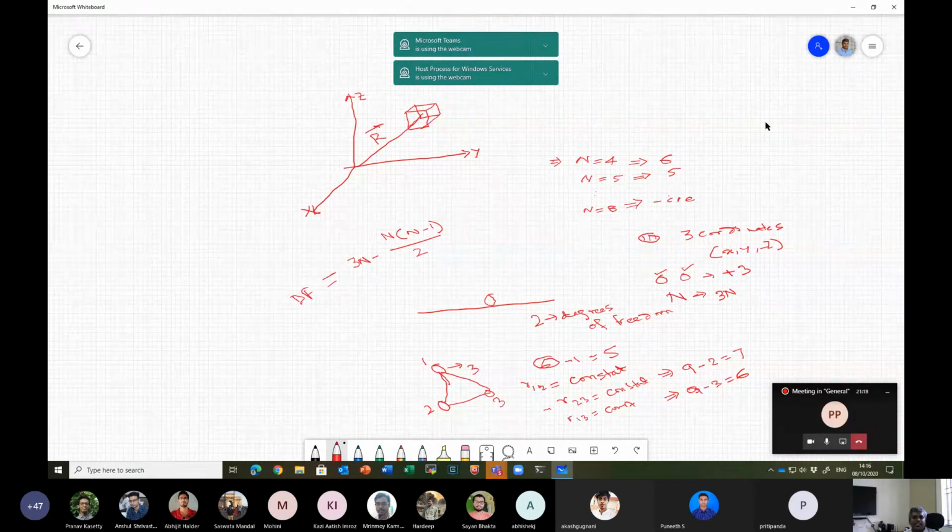Now if you imagine this body is rotating with respect to some axis, say if you draw a z axis somewhere here, then the body is also rotating around this z axis, right?